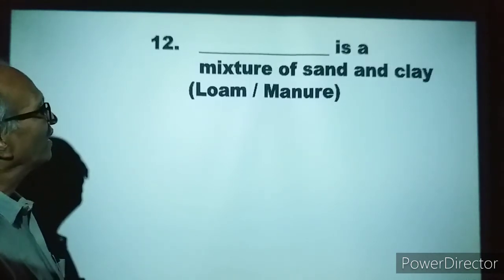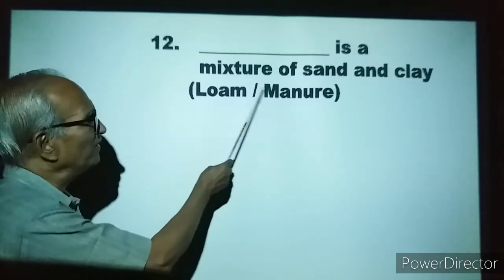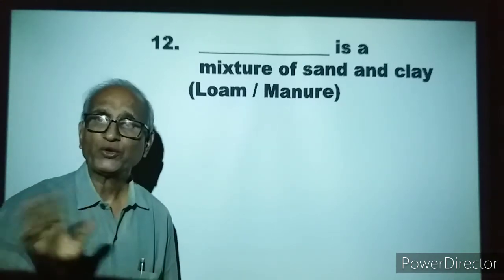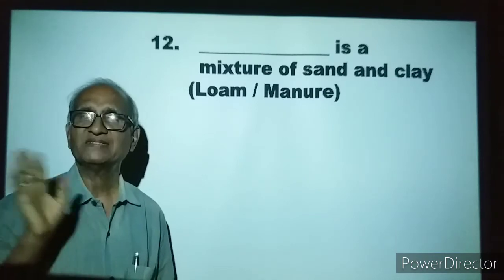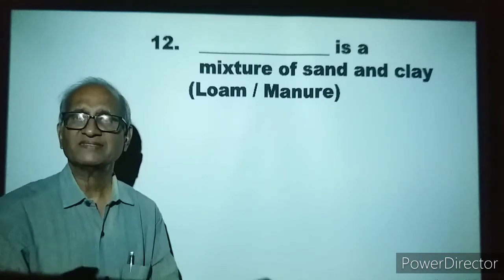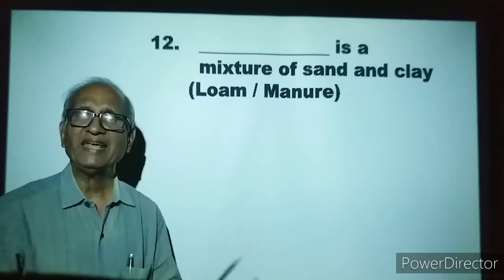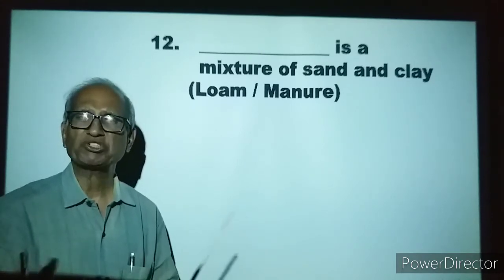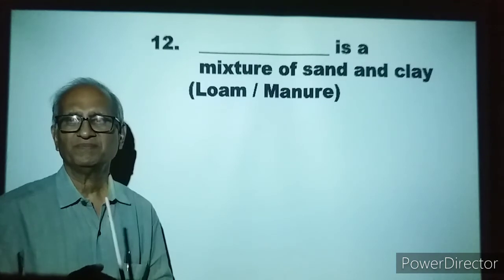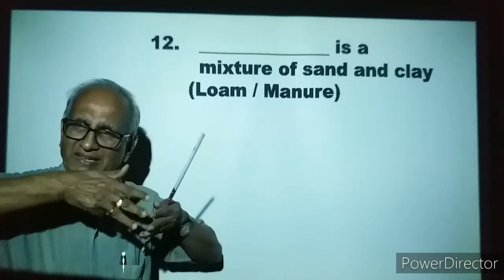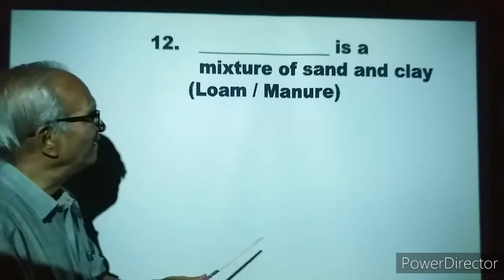Next. Dash is a mixture of sand and clay. You cannot grow any plant in sand because sand doesn't hold water. You cannot grow plants in a clayey soil because it holds lot of water. Very sticky. Plant will not be able to send its roots down into the soil.